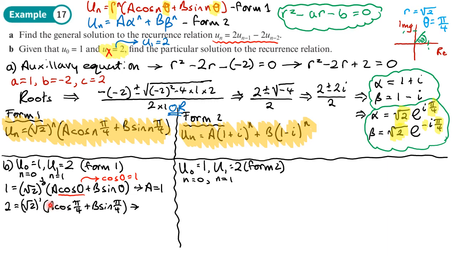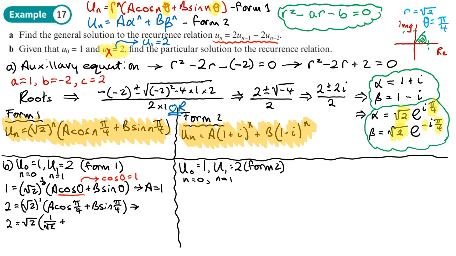And we've already worked out the value of a is 1. And this is going to be root 2. So let's write down what we get. We're going to have 2 equals root 2 times, so a is 1, this is root 2 over 2, or 1 over root 2, plus b times 1 over root 2.